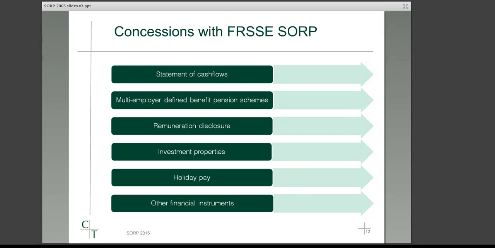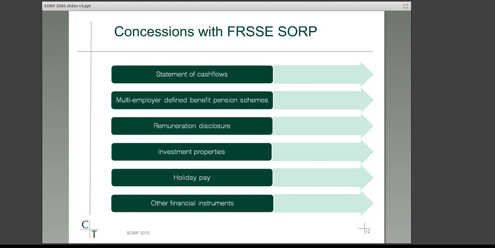Where you're accounting for investment properties under FRS 102, you should be obtaining a valuation from an independent expert, and if you're not doing so, you need to state that in your accounts. Where you apply the FRSSE version of the SORP, then you can just value them at market value, and you don't need to mention the non-use of an independent expert valuer.